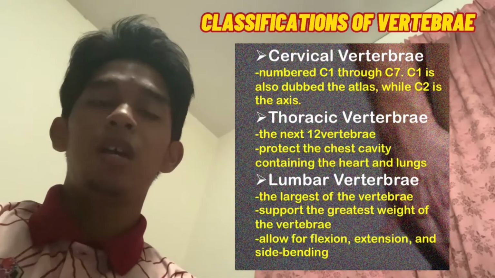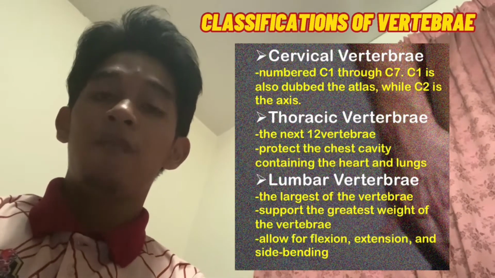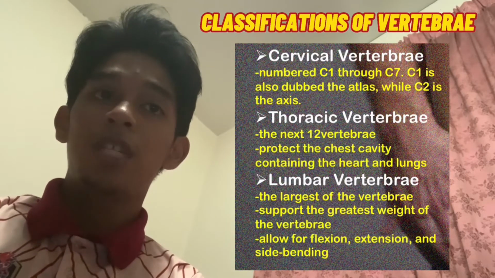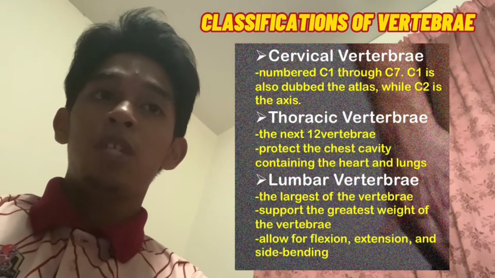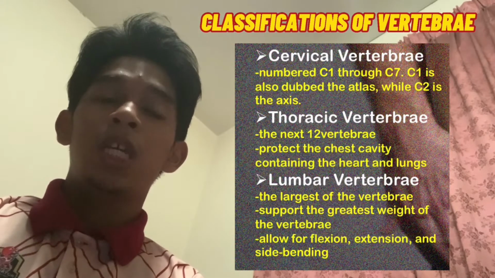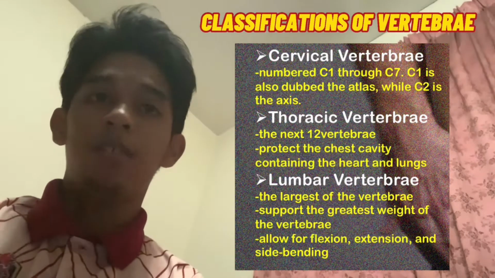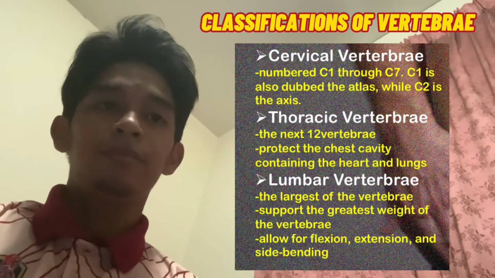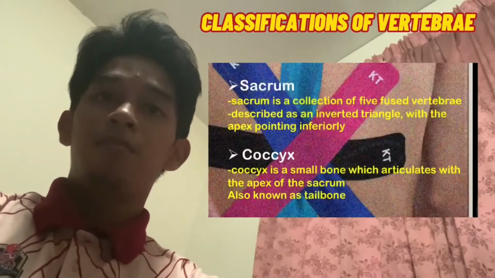The third one, lumbar vertebra. The next 5 vertebrae are the lumbar vertebrae, and these are the largest of the vertebrae. They support the greatest weight and allow for flexion, extension, and side bending. Next, sacrum.